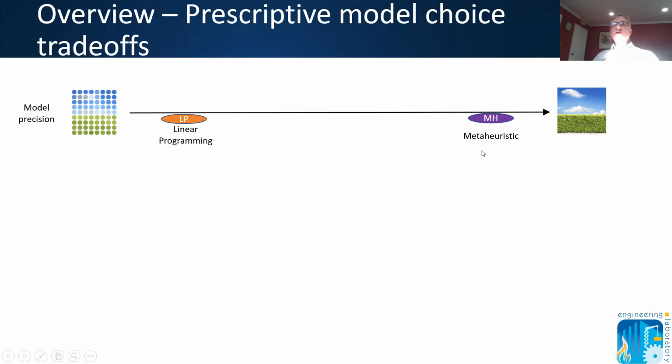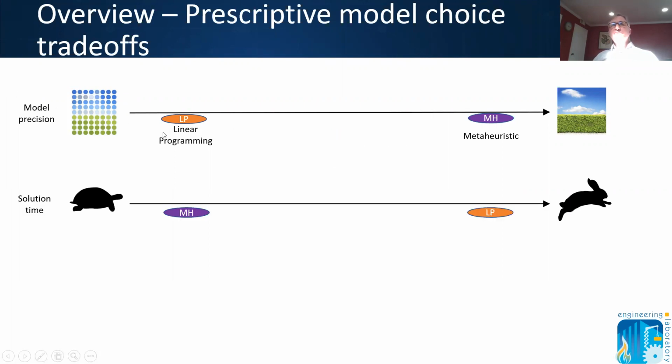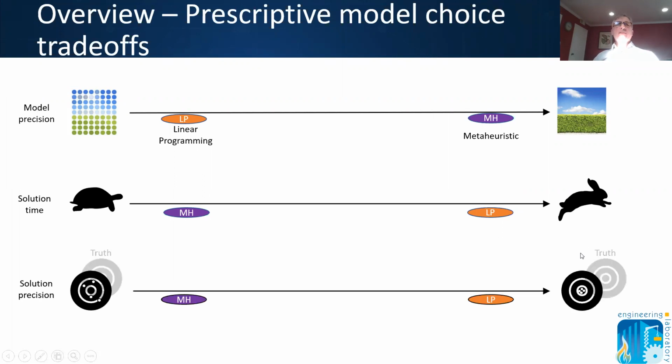So yes, there are trade-offs in model precision. We want to capture realism, and there's solution time. And so we know, for example, with linear programming, you may have to linearize some functions, but you do that so you can gain some speed of the solution.